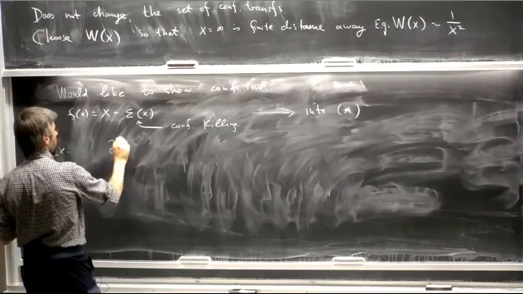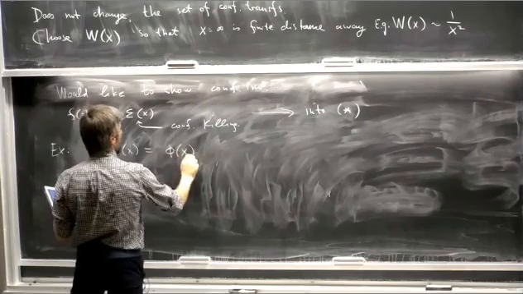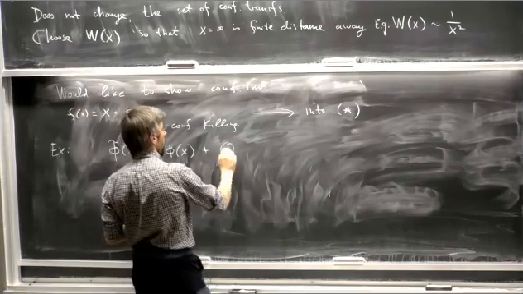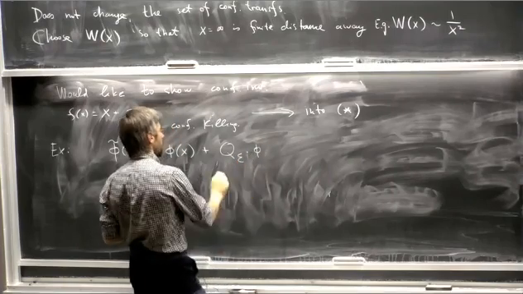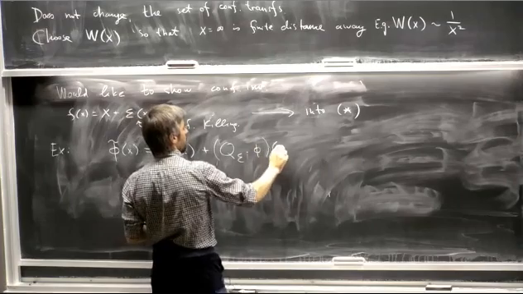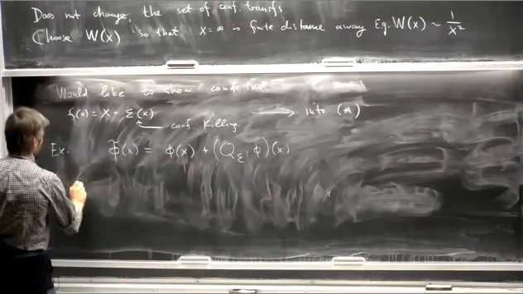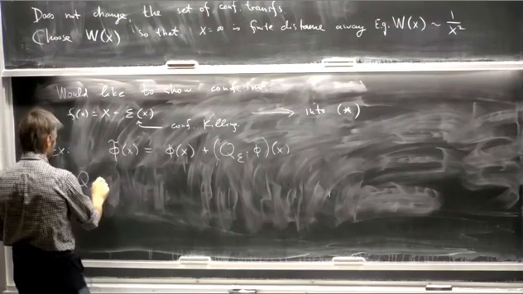Phi tilde of x is equal to phi of x plus some quantity over the epsilon that I will denote as q epsilon times phi, which also depends on x. And q epsilon, which is a function of epsilon, is given by this equation.